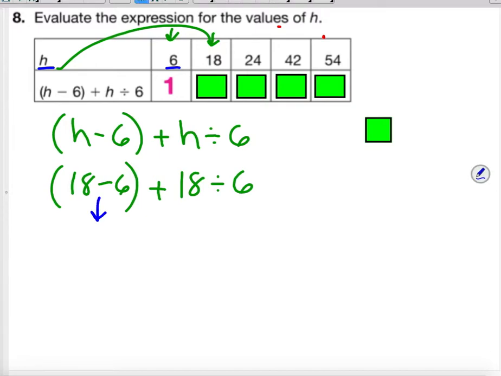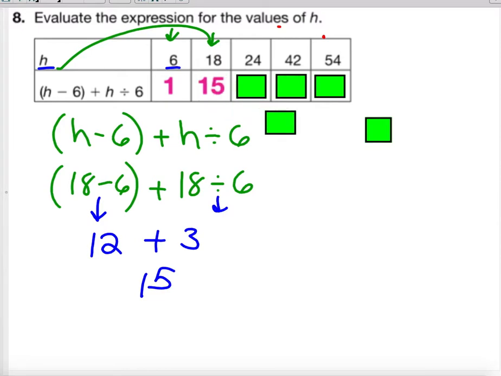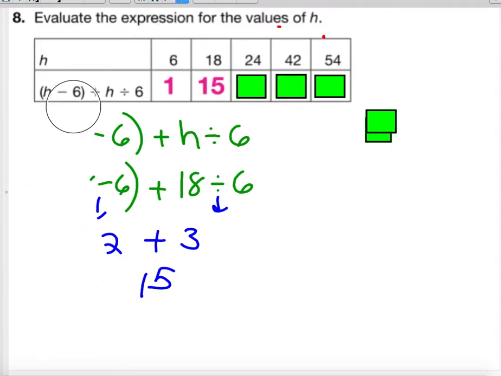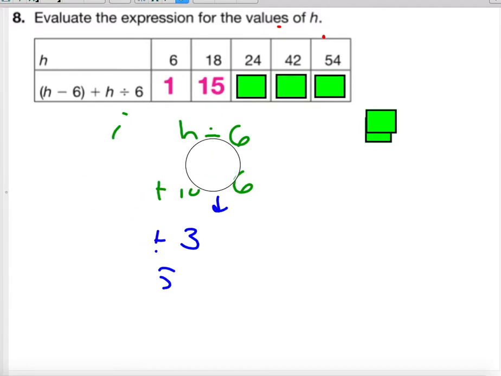And so now we have 18 minus 6 is 12 plus 18. Now we've got to do the division. 18 divided by 6 is 3. 12 plus 3 is 15. So you can see we should uncover a 15 there. All right? So we will let you finish the rest of this table on your own. Okay? Give it a try and see how you do.